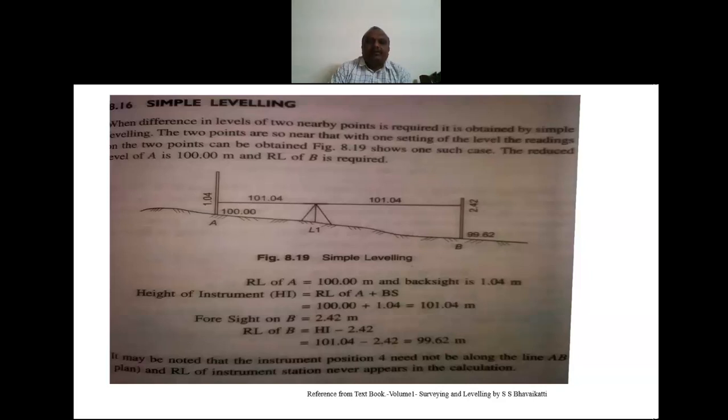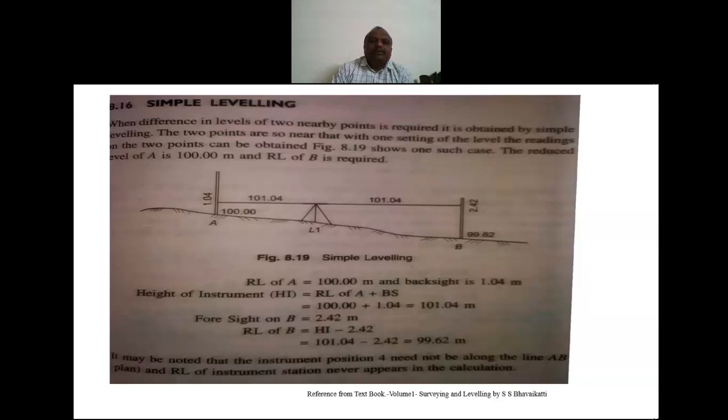So to find out the RL of B by using simple leveling, we can follow the procedure. First, the instrument should be set up by initial adjustment or temporary adjustment, that is centering, leveling up, and focusing.